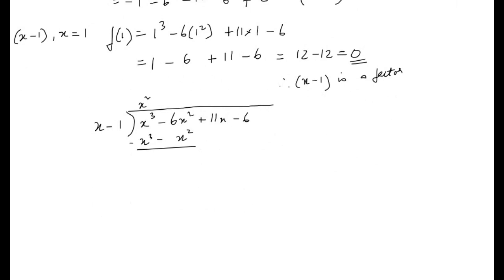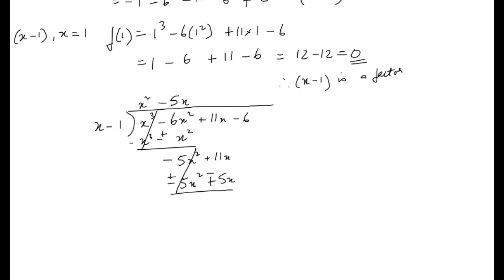Minus plus cancel, and I get minus 5x squared plus 11x. x has to multiply into minus 5x to give me minus 5x squared and plus 5x. Change the signs.